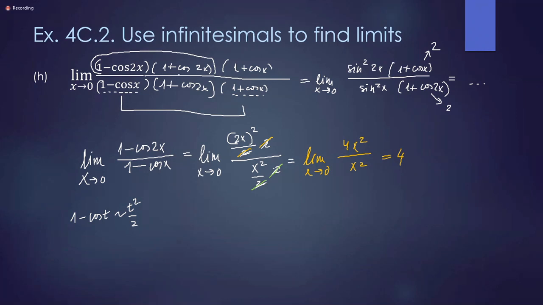But it's up to you which method you use. In many cases you can use the standard method because in many cases infinitesimals cannot be used. And then there will be situations where only infinitesimals will help. And then there will be situations like this where you can choose.